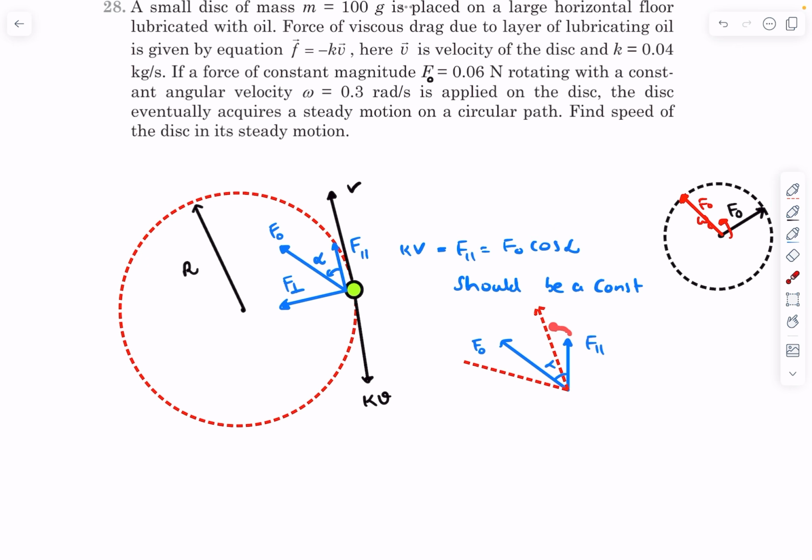F parallel rotated by this much, and f naught rotated by this much. If we still want the angle between them to be the same, there is only one way: the angle which f parallel rotated by should be the same as the angle that f naught rotated by. Basically we want the increase in alpha to be equal to the decrease in alpha.